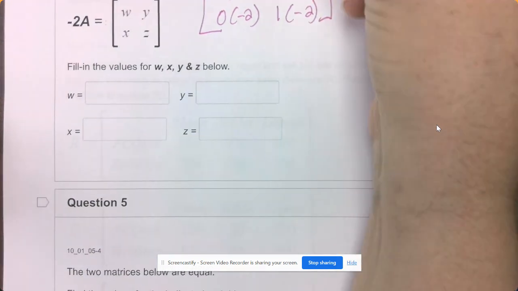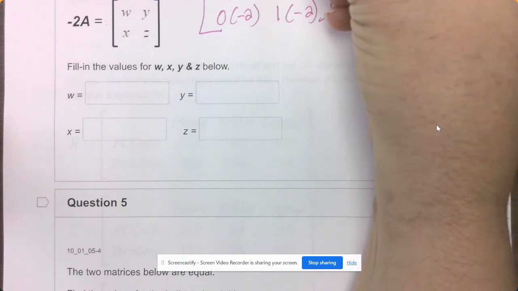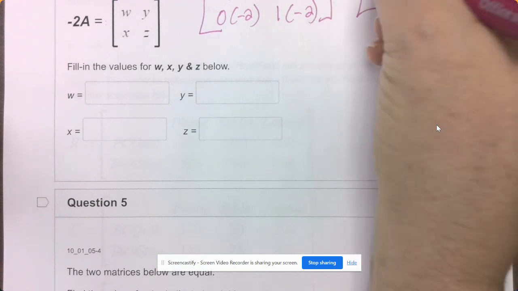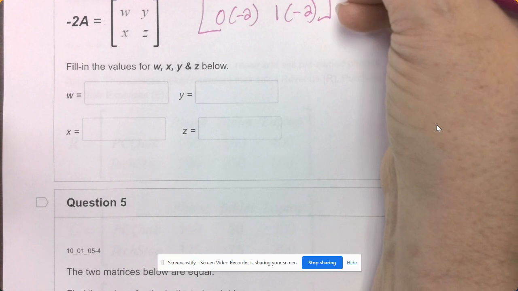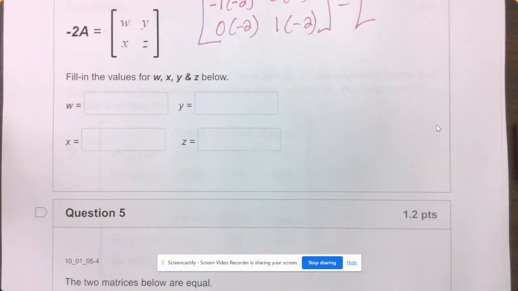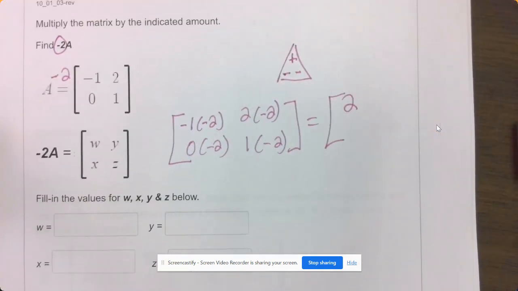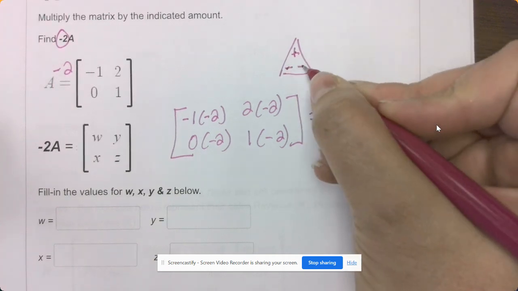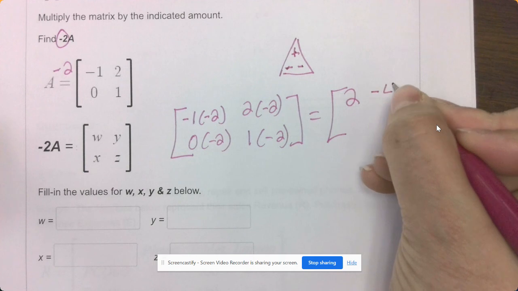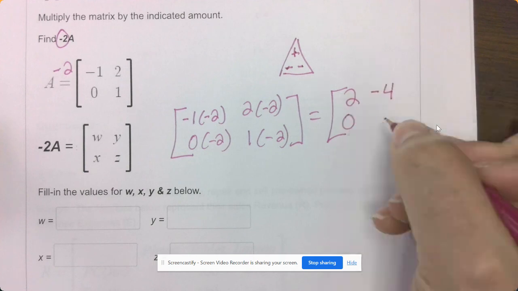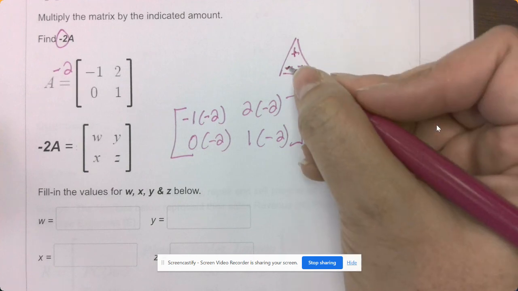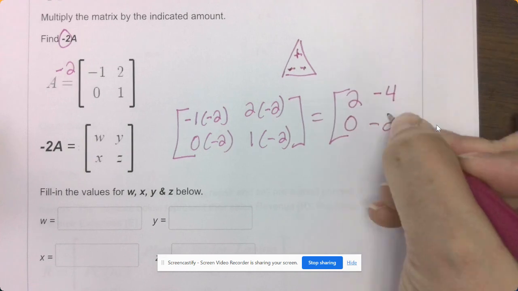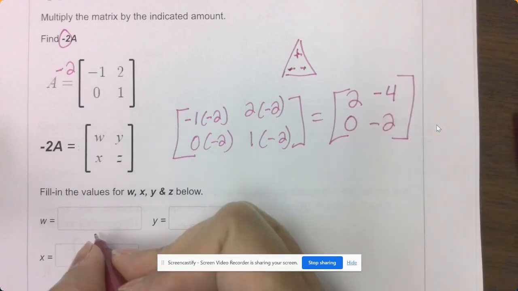Remember, negative times a negative equals a positive, so it's going to give us a +2. Positive times a negative is going to give us a negative. Anything times 0 is 0. Positive times a negative is going to give us a -2. And we got it.